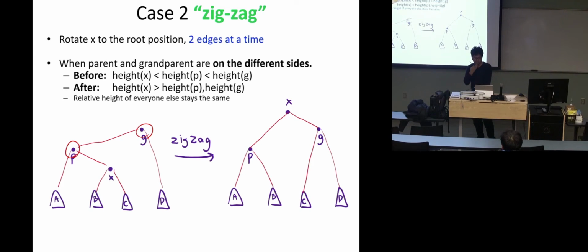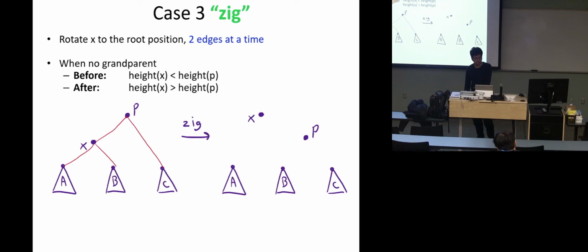And then the last case is, what if there is no grandparent? Then you would just make X higher than your parent, which is basically just a rotation. The Splay operation basically keeps doing this, two at a time.